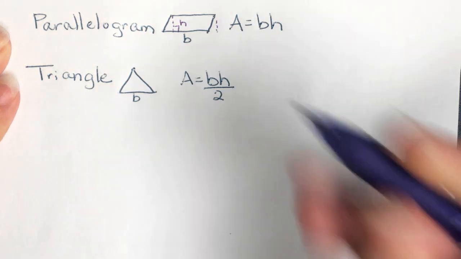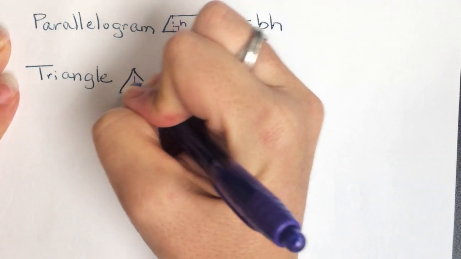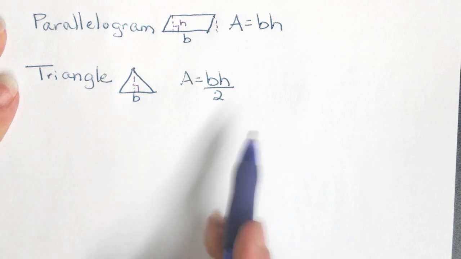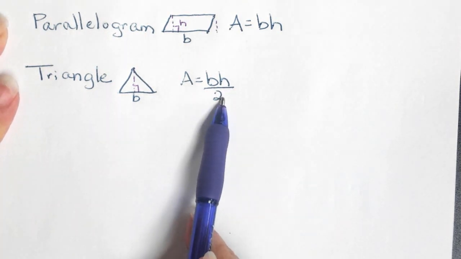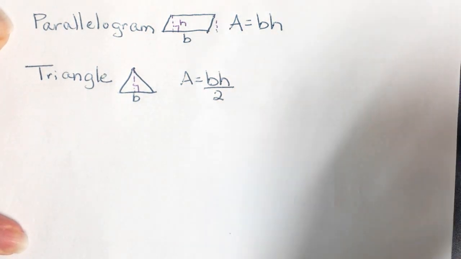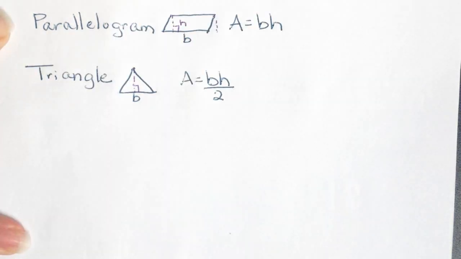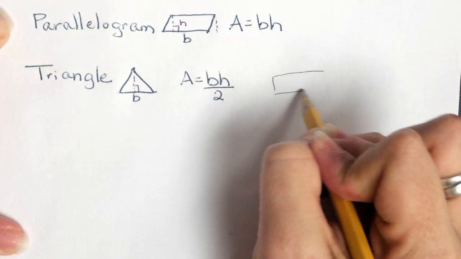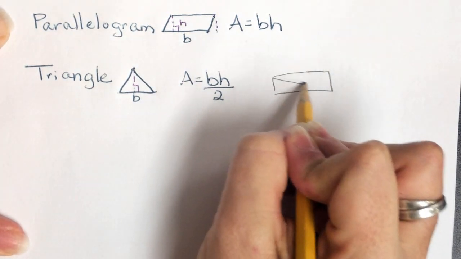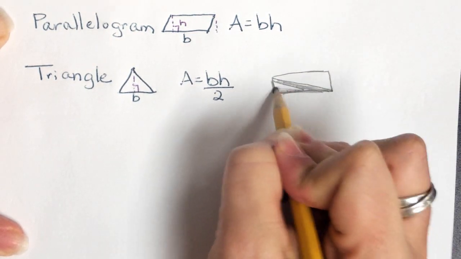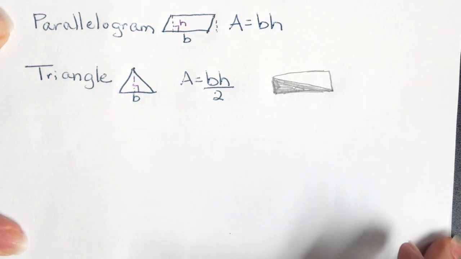You're going to see the height be this dotted line with a little 90 degree. The reason a triangle is divided by 2, and you don't have to draw these, I'm just drawing them so you can see them in the video, is that all triangles are half of a rectangle. That's why it's divided by 2.